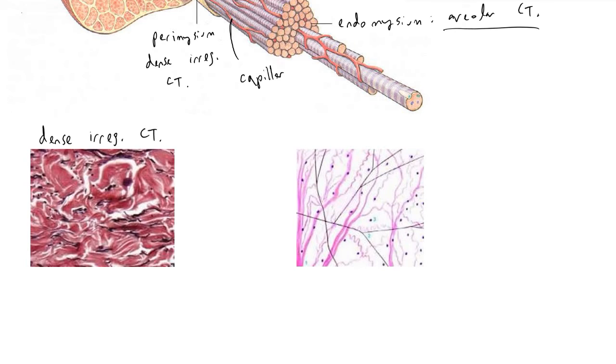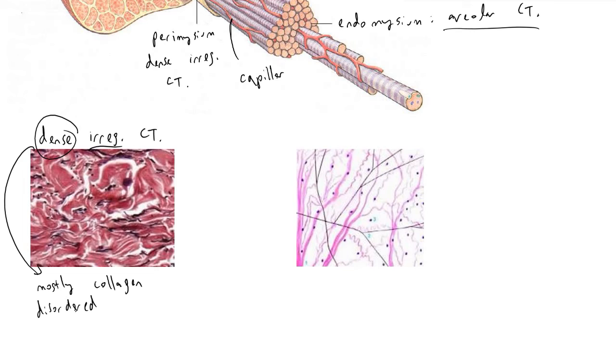The first thing to note is that what we're seeing here is mostly collagen, and that's where the term dense comes from. The term irregular refers to the fact that we don't see parallel lines, so it's disordered.